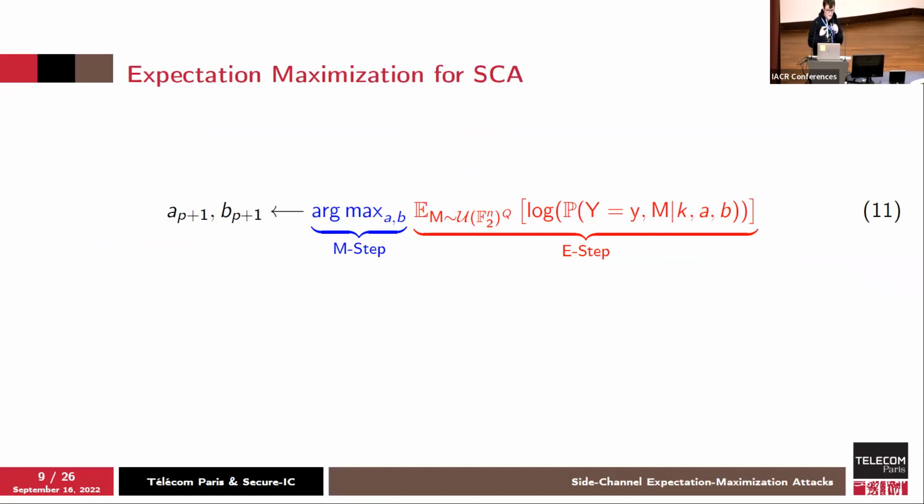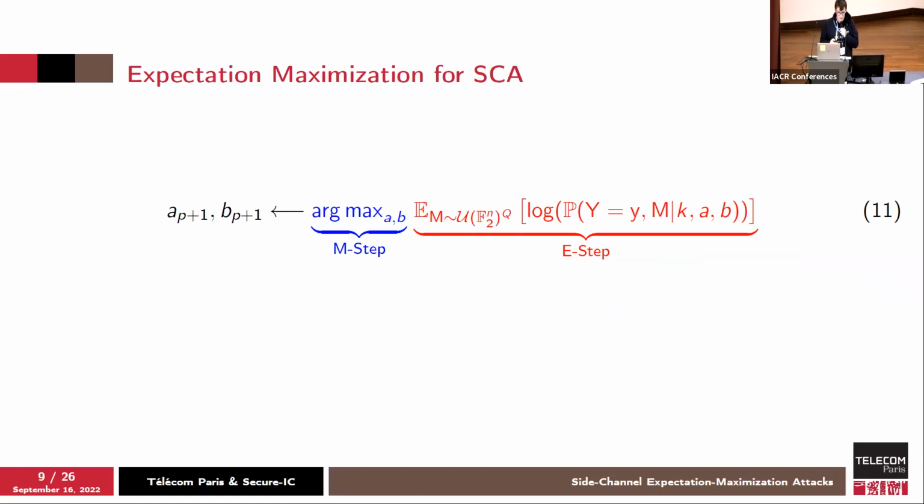And then you perform iteratively the expectation step and the maximization step. You do the expectation over the mask, or the parameters that you don't know about, and then you maximize the parameters once you have averaged out these things that you don't know. So this is not really explicit as it is.